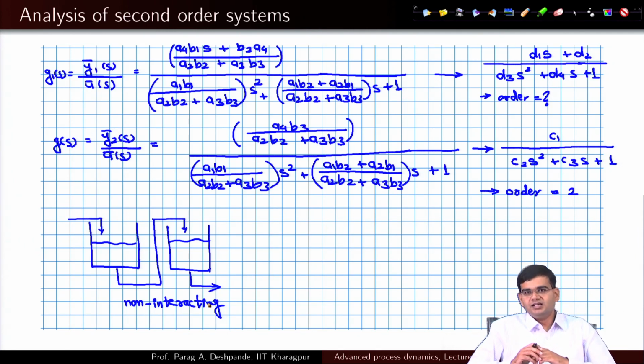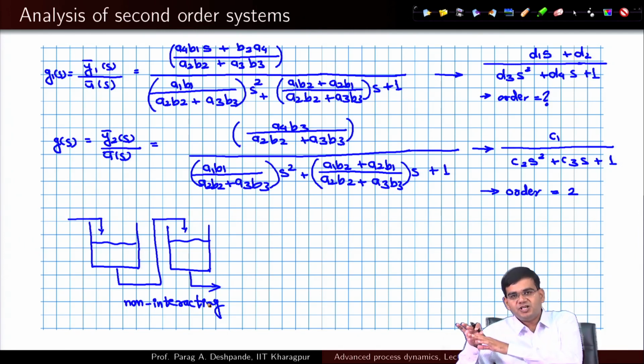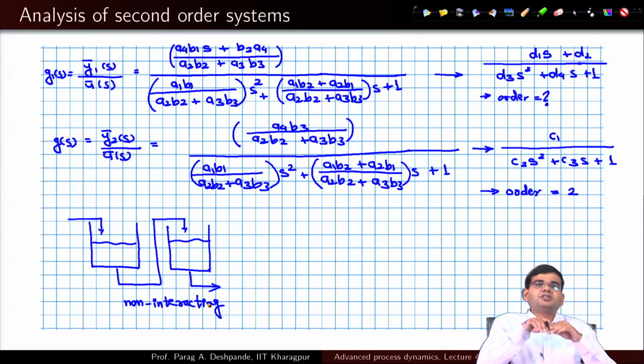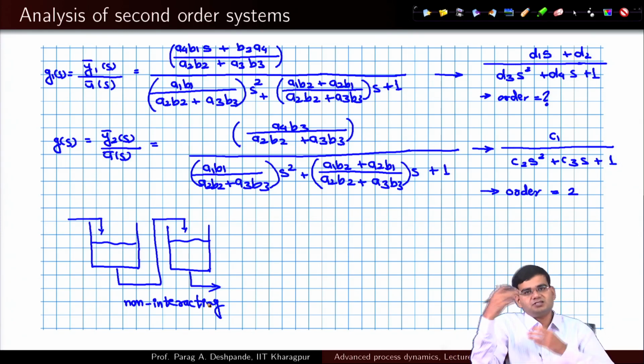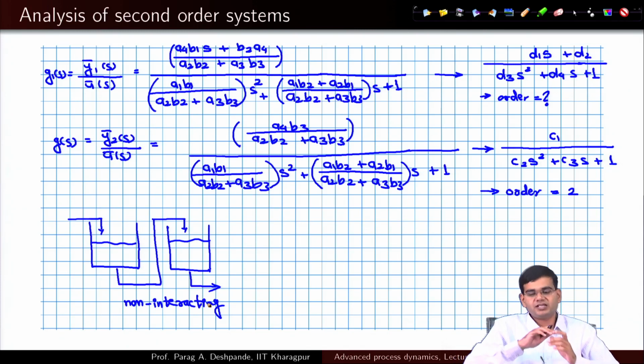Okay. So, the downstream dynamics does not affect the upstream dynamics, the upstream dynamics will always affect the downstream dynamics. So, that is not the meaning of non-interacting. The meaning of non-interacting is that the downstream dynamics is not affecting the upstream dynamics.